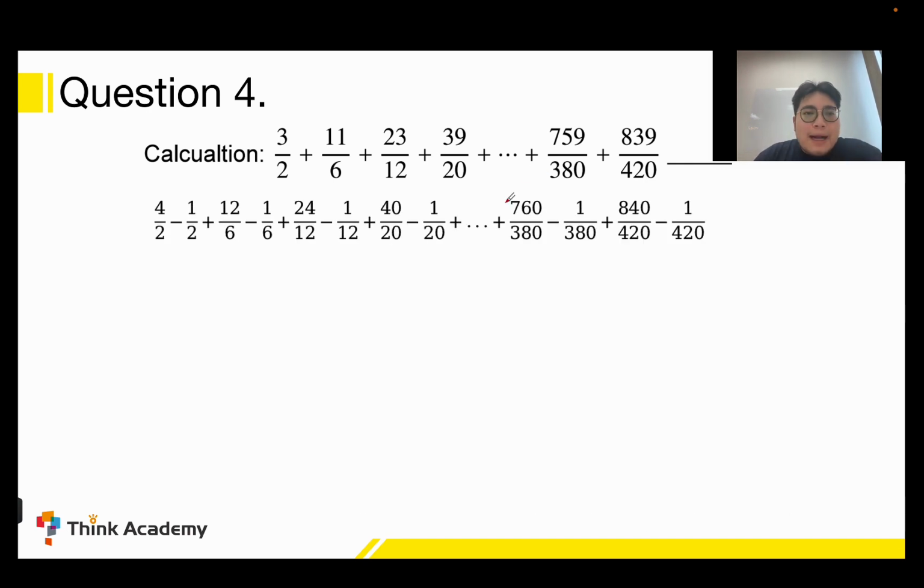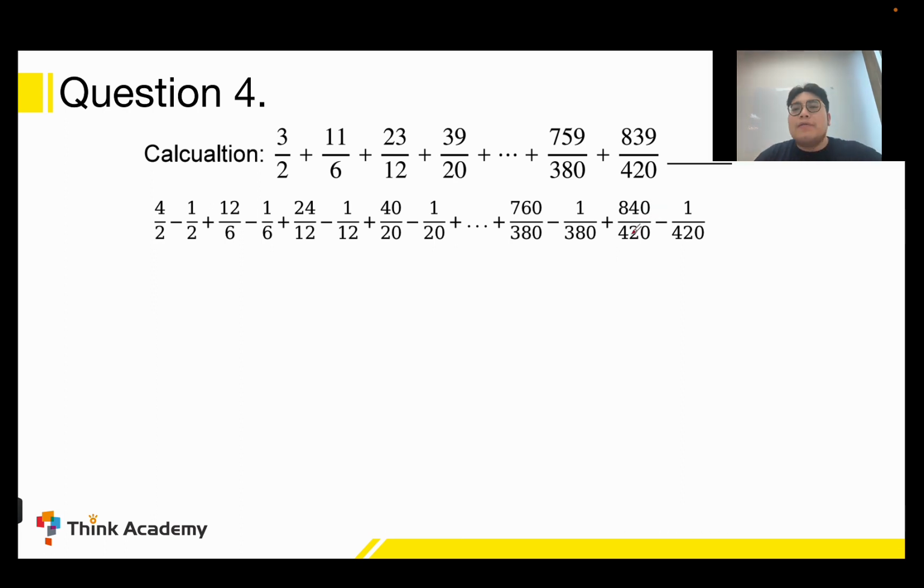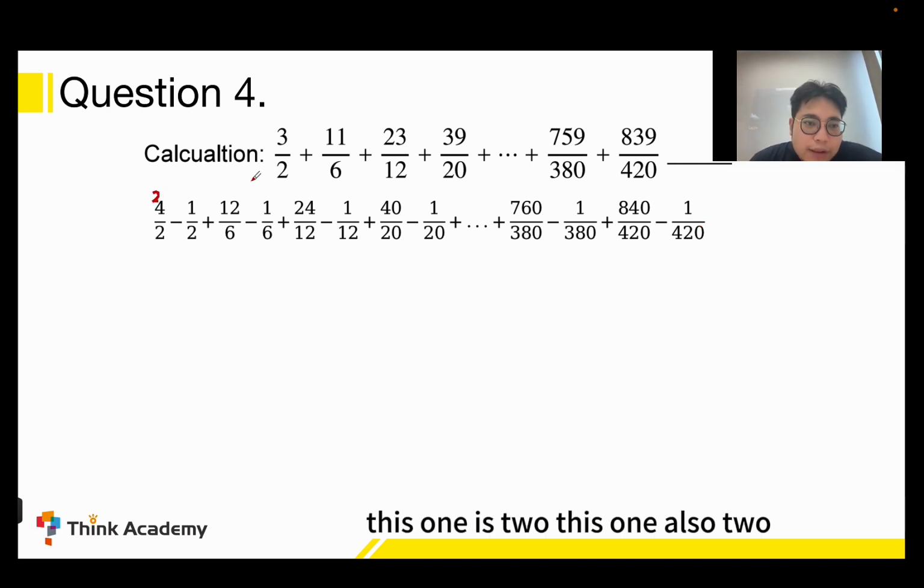4 over 2 minus 1 over 2 just equals 3 over 2. And 12 over 6 minus 1 over 6 equals 11 over 6. And then at the last, 840 over 420 minus 1 over 420. So you see, all these things, this one is just a 2, this one is 2, this one also 2, and then 2 here and here.